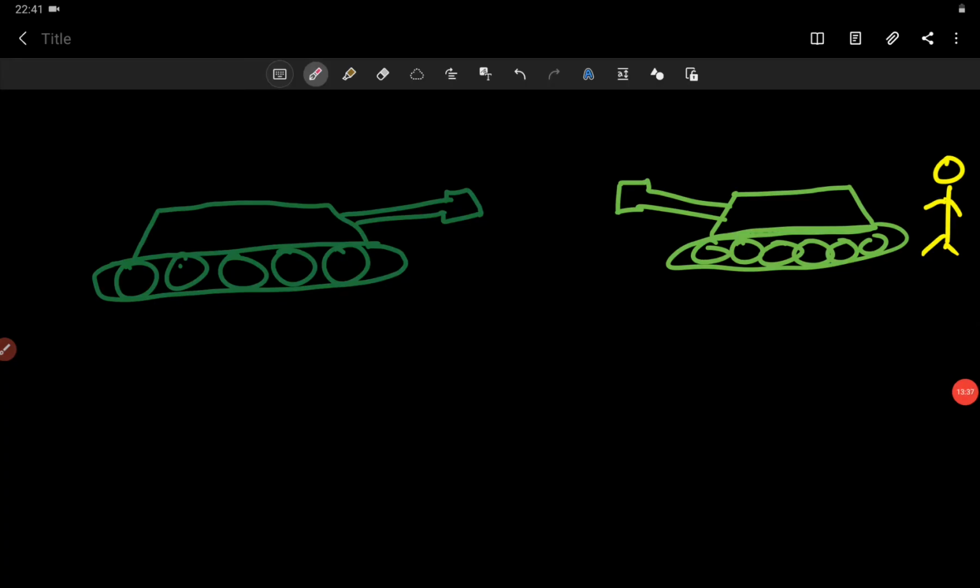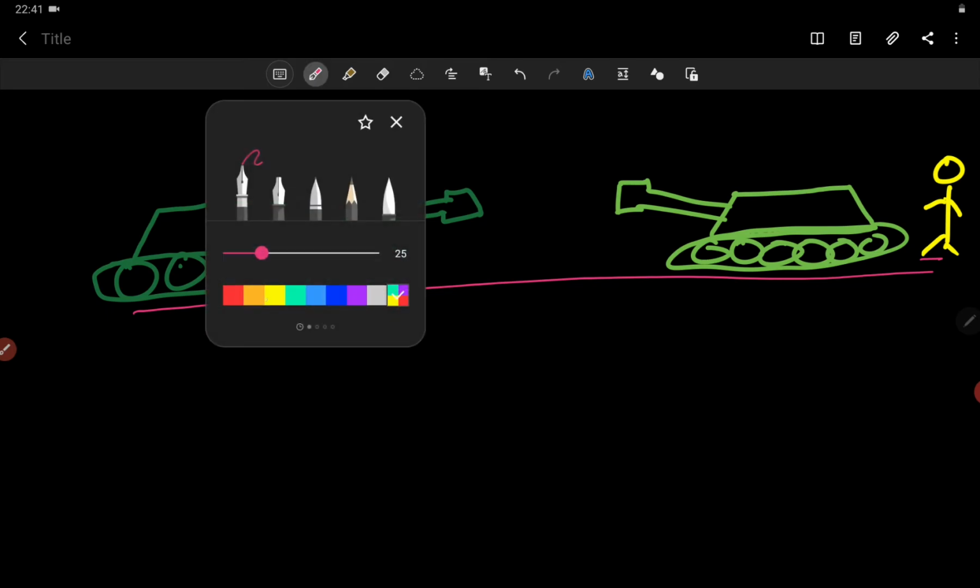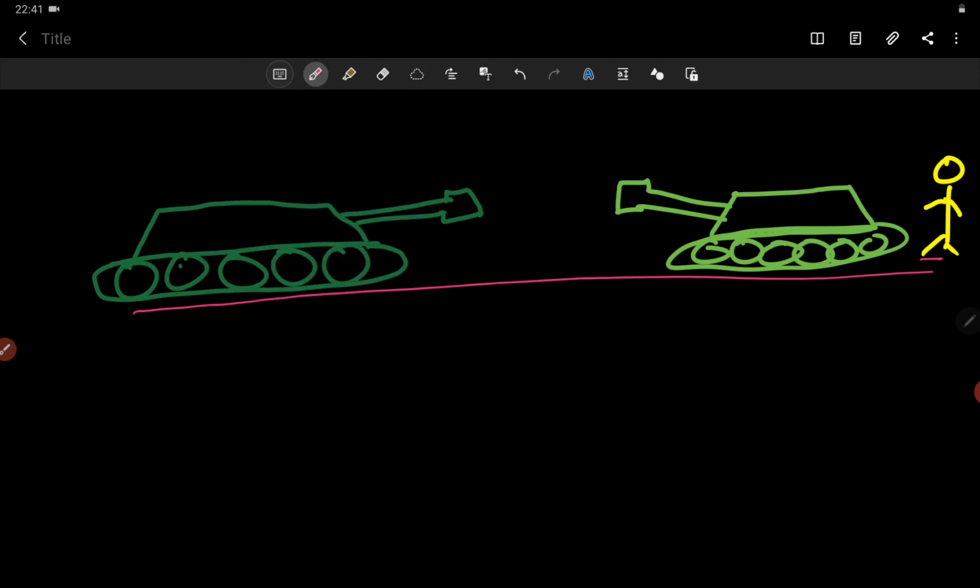So here is the diagram to explain the question. An observer sitting in line of the 2 tanks. Here are the 2 tanks and the observer sitting in a line. This observer is watching the tanks firing at each other.